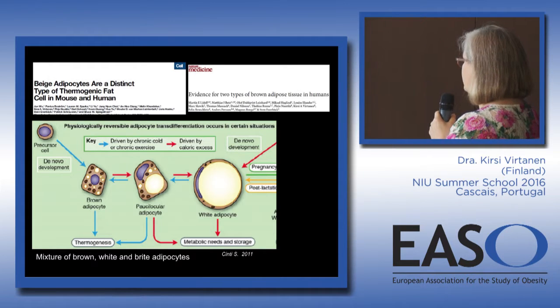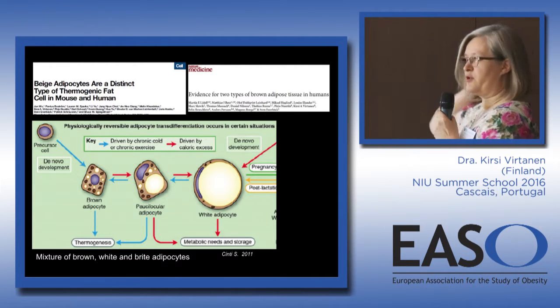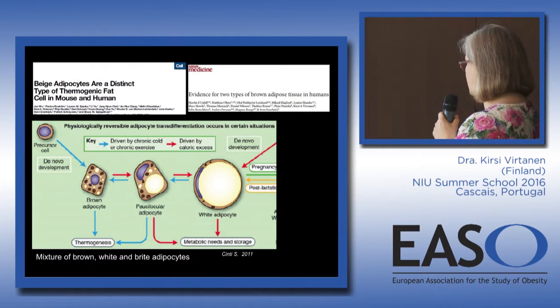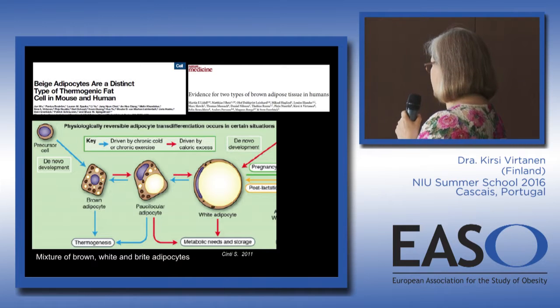The classical types include less lipid, as can also be demonstrated with these images. And the external layer, which is uppermost to the skin, includes more lipids and is more like a white adipocyte type.